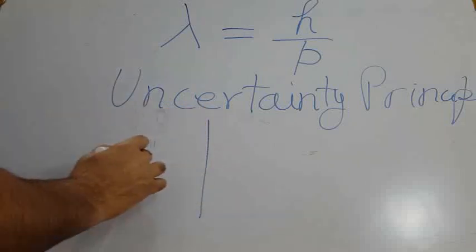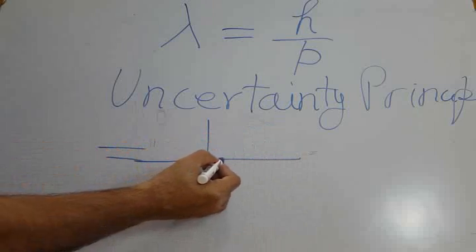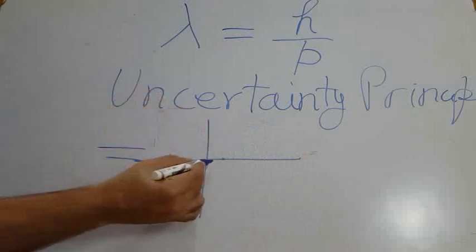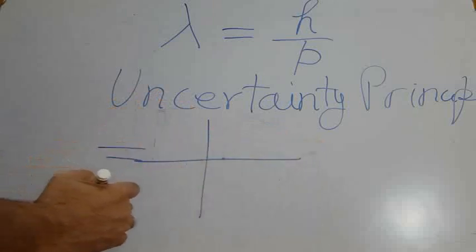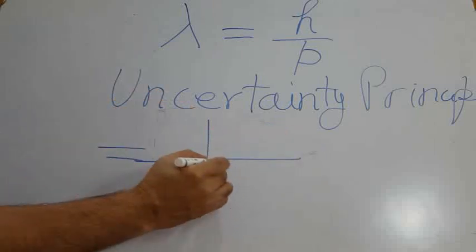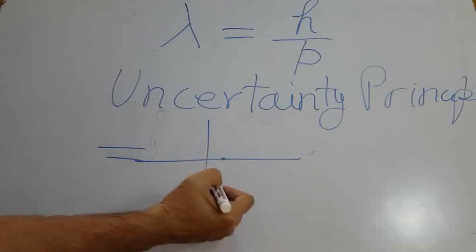suppose there is a particle here. When it moves along the x-axis, then we cannot exactly calculate its position x.